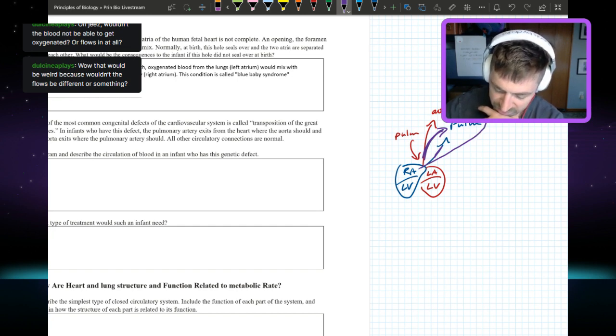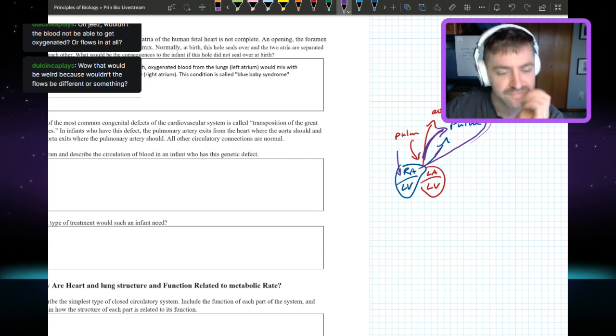So then our flow of blood is in the right atrium, oxygenated at this point. Hang on. When the positions of the aorta and pulmonary artery are reversed, two separate circulatory systems are set up.